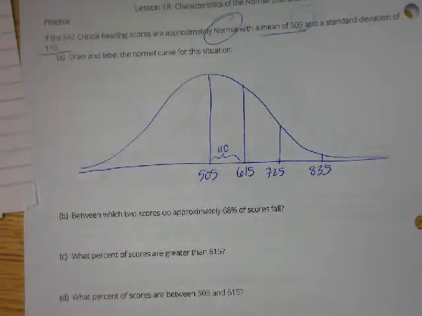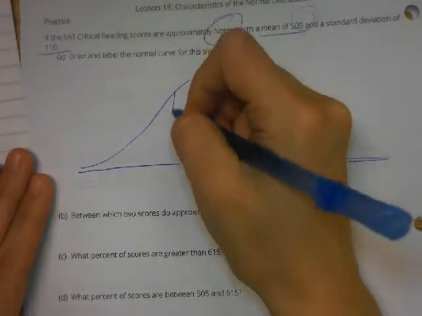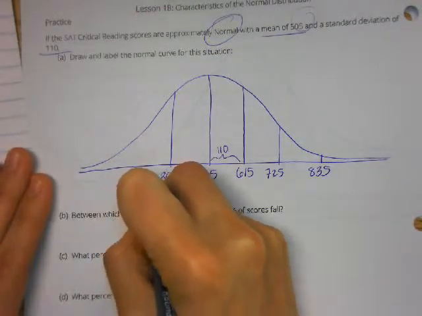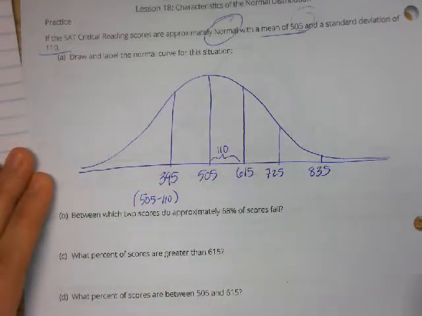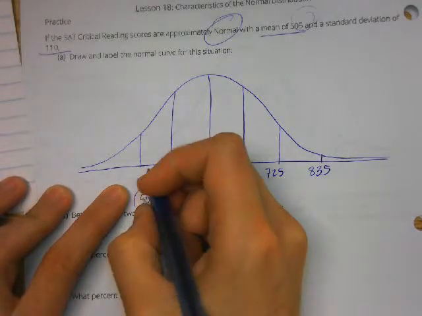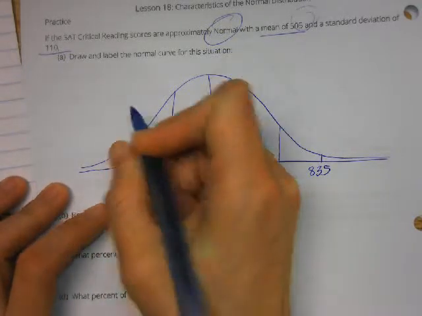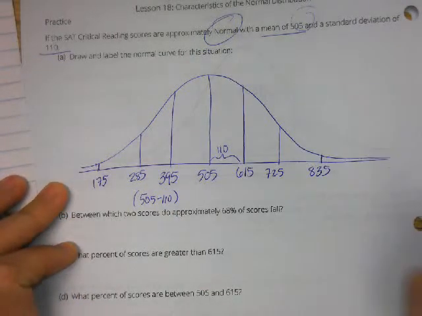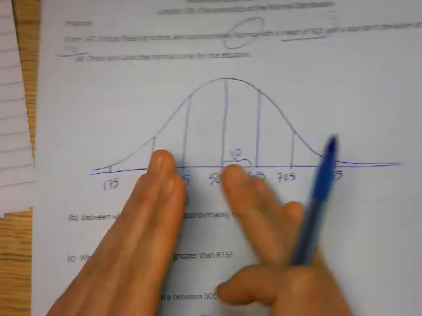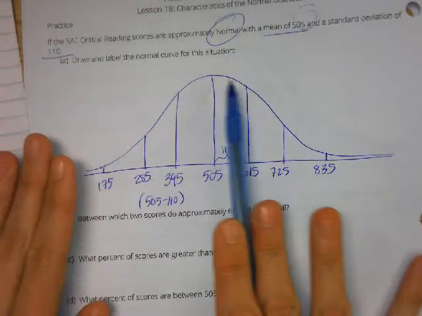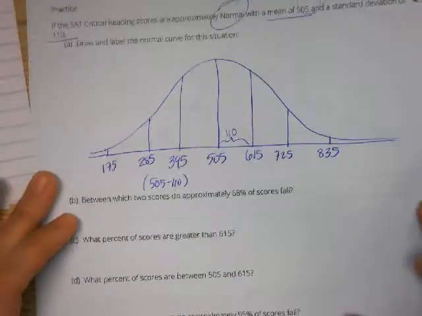To the left, we're going to have 395. And we get that by doing 505 minus 110. Okay. I'm going to subtract off again, and that gives me 285. And one last time, 175. In general, you don't care about anything outside of 3 standard deviations away. So once you hit that 3 standard deviation mark, you're done.